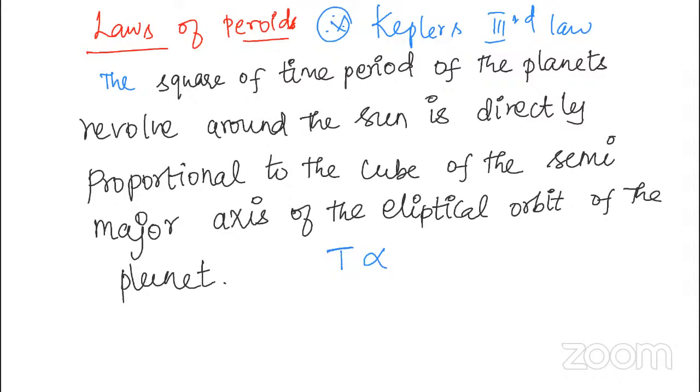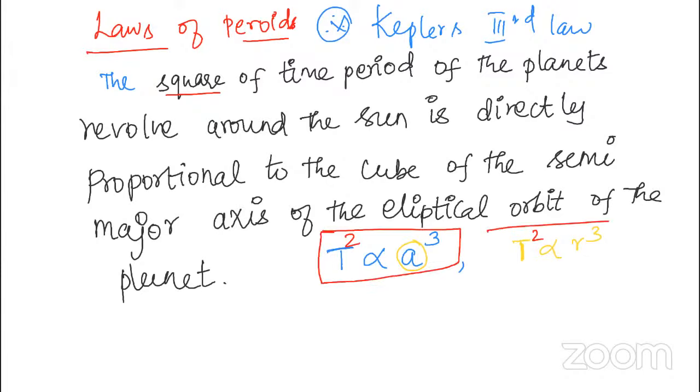We can put A or R. So the famous equation is T square, which is proportional to R cube.